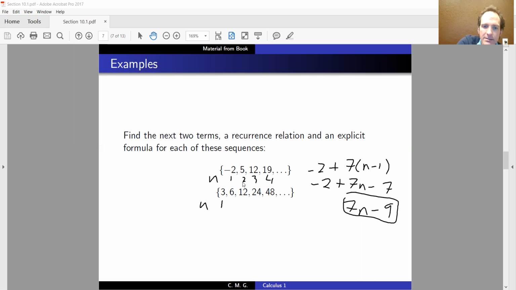The second one, I look at this and say, well, you know what? This is basically 3 times 2, 3 times 4, 3 times 8, 3 times 16, so on. So this is basically 3 times the other sequence that I had above.